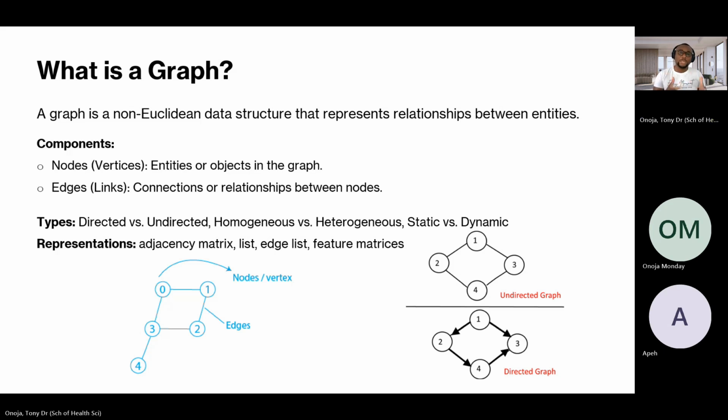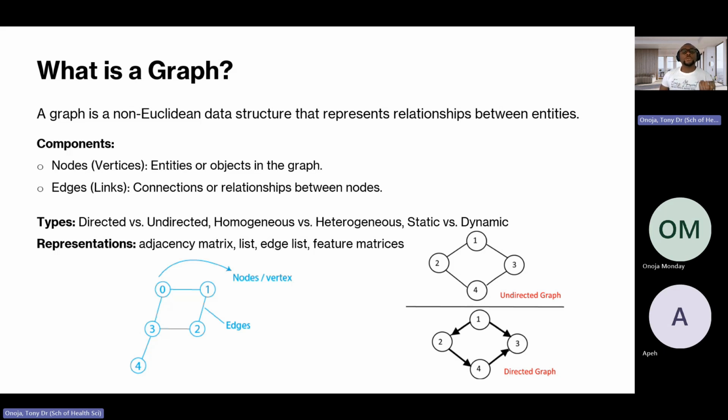By definition, we said a graph is a non-Euclidean data structure that represents relationships between entities. When we talk about entities, they can be human beings, objects, or anything that we want to represent in order to create some sort of relationship with another entity.